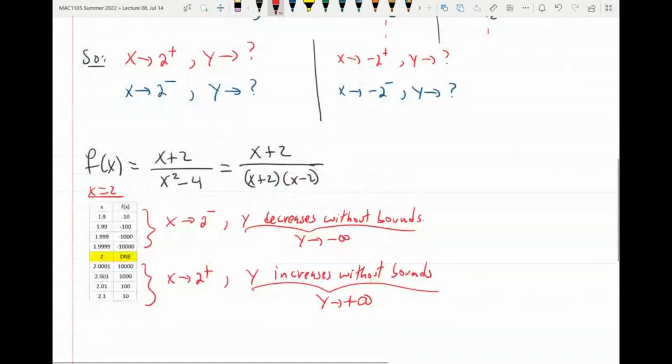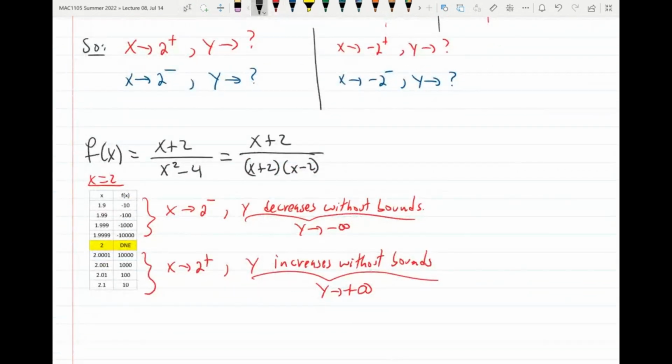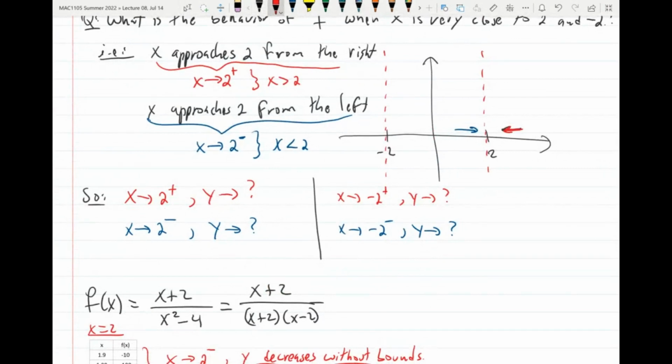In other words, if you think about the graph, the function is doing this here, and over here the function is doing this. Do you understand this? When it gets close to 2 from the left, the function has to go down without bound. Remember, you cannot touch this line. It's forbidden, like a wall. But it has to go down non-stop, and if you get close to 2 from the right, it goes up non-stop. That's what we are observing from the data.